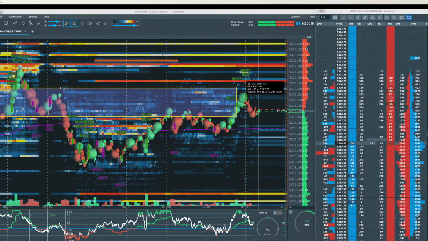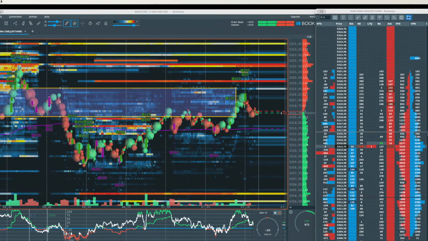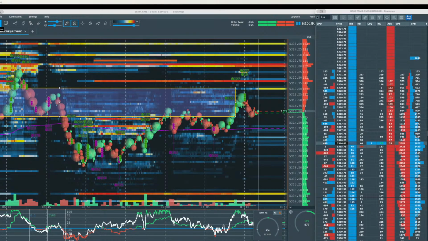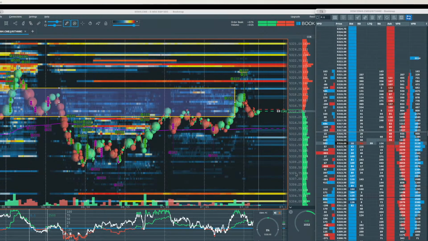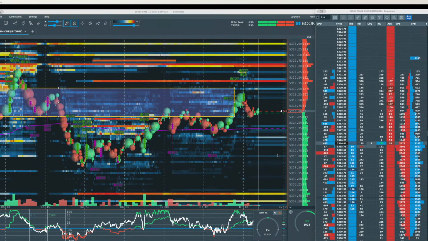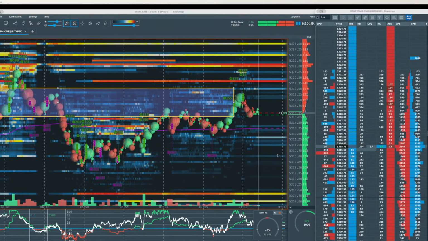I feel like buyer exhaustion is coming out. It may test. I might be wrong. You know, I could be wrong. But my risk to reward is really good. I'm only risking 2 points to make, what am I looking to make? About 12. I mean, that's a 6 to 1 risk to reward ratio.